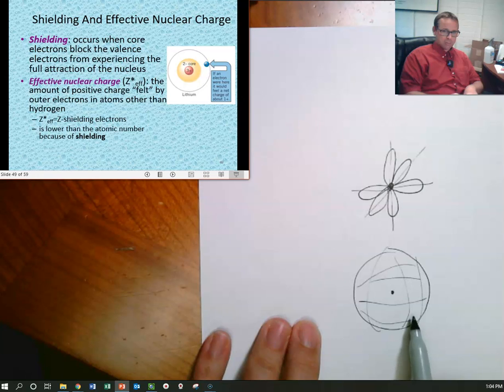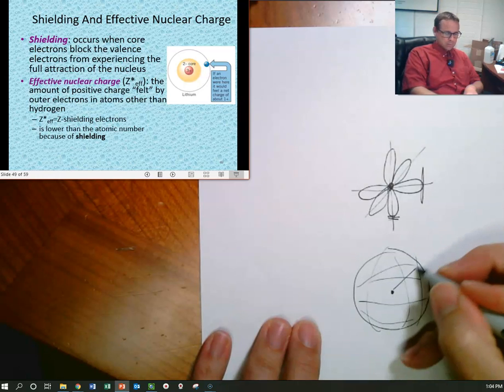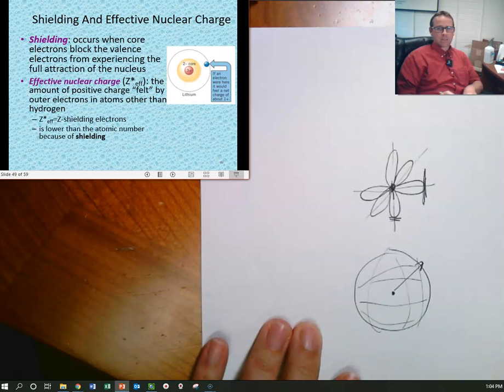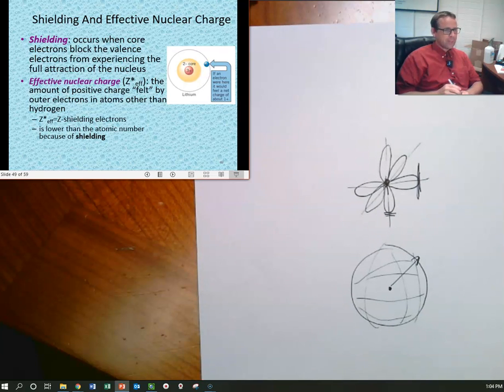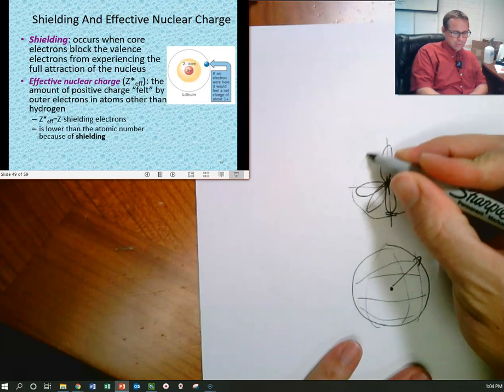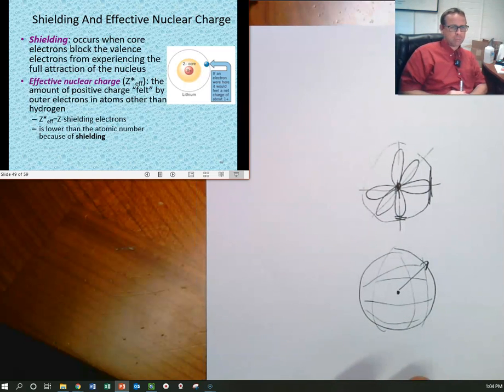And if I were to reach my finger in and touch it, the size would be governed by basically this distance here, the size of the orbital, okay? So the furthest electron, the electron that's farthest away, kind of governs the size of the atom.